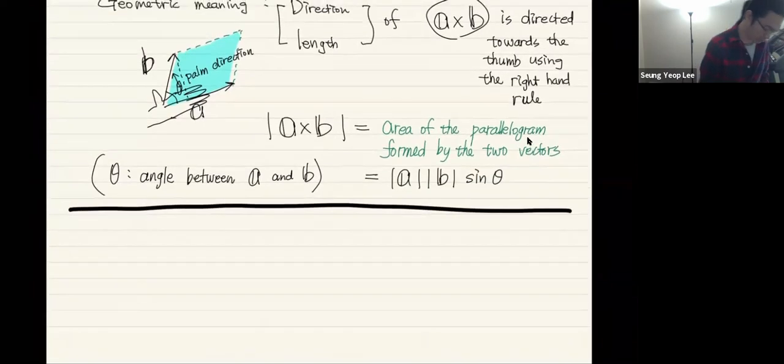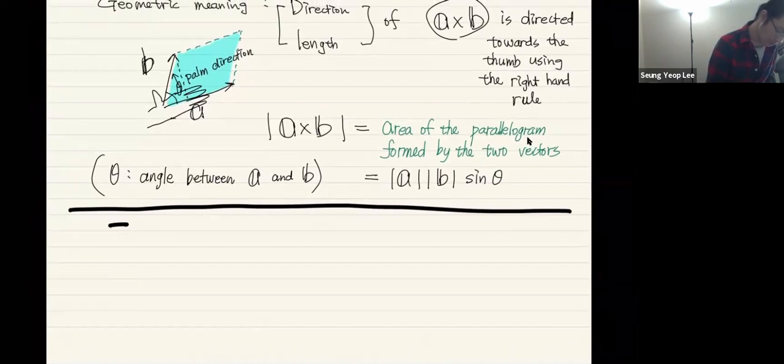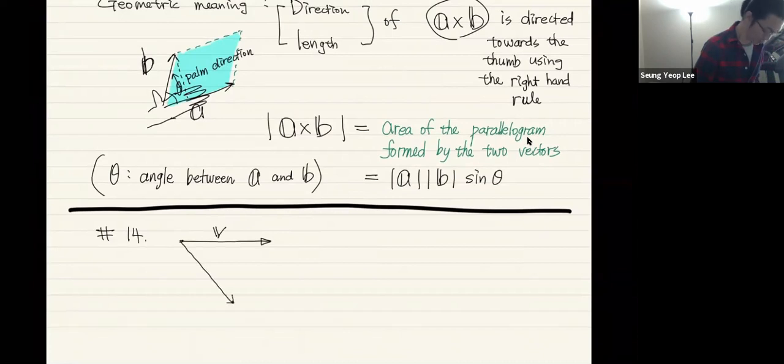Okay, so now the question 14. Let me give these two vectors. One is v, the other is u.